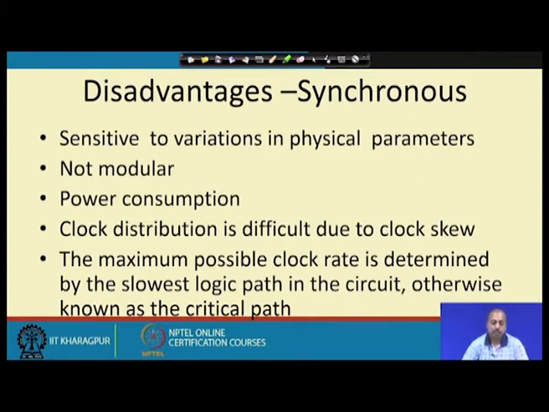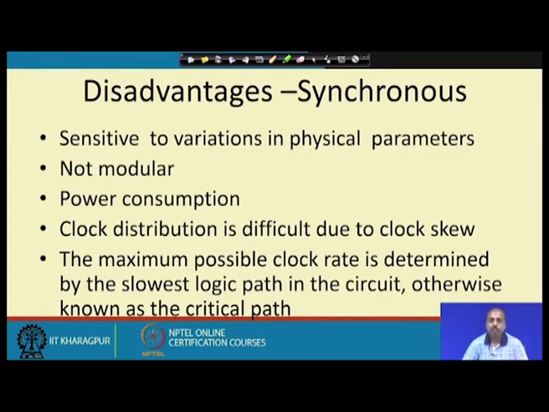But in a sequential circuit, even if the inputs remain the same and the output is also the same, the clock signal will always toggle. As a result, the power consumption due to the clock signal comes into the picture. So, the synchronous sequential circuit power consumption will be high.